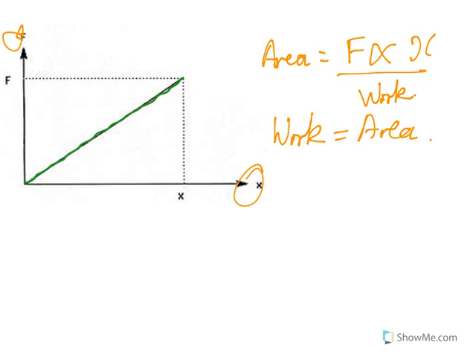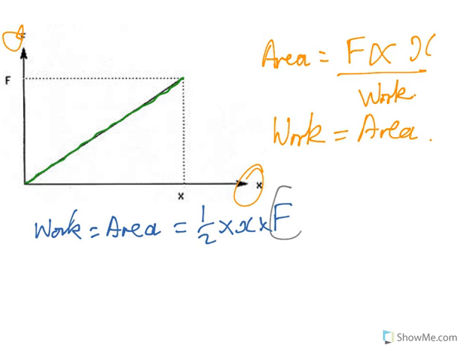So let's have a look at this particular one. The work, which is equal to the area, and because it's a triangle, is half times the base times the height. Now, this force here is not constant, it changes. According to Hooke, F equals negative kx.